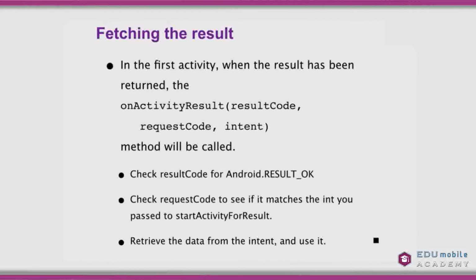The request code should be that same integer value that we passed to startActivityForResult. And if it is, then we know that it is the same intent. And finally, we retrieve the data as usual, getExtras, and then getString value, getInt value, getBoolean value, whatever, from the intent and use it.